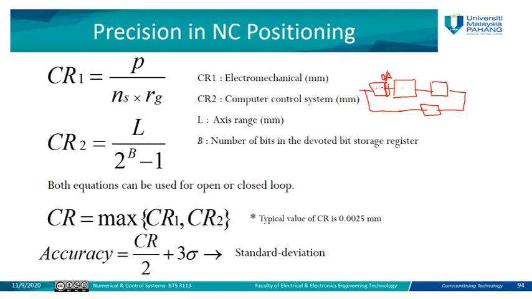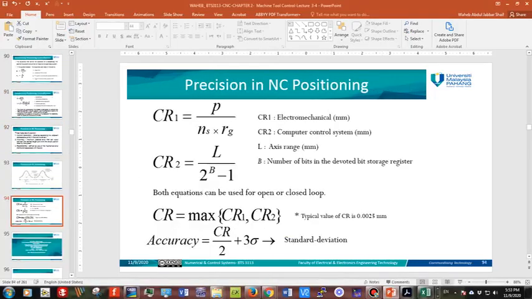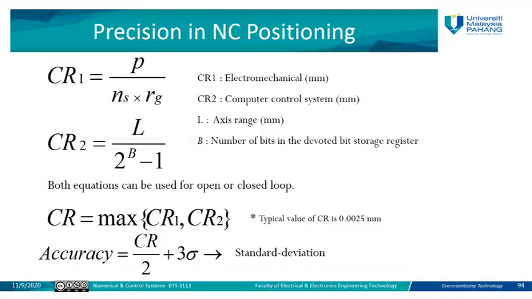So how accurate is this digital to analog converter? For example, if my analog value is 7 volt, but the actual value was 6.8 volt, or 6.08 volt.